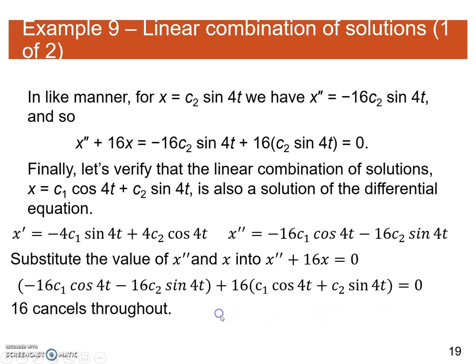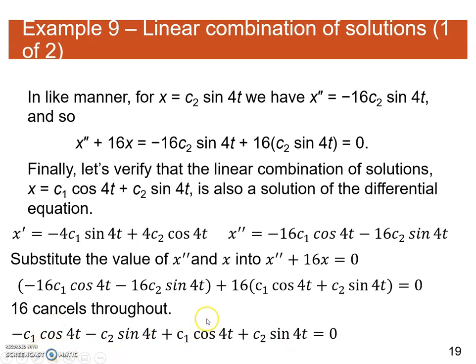You can cancel out the 16 to simplify, and you can see that this term cancels with this term, and minus c2 sin(4t) cancels with plus c2 sin(4t). So in the end it is 0 equals 0. QED, which is some Latin abbreviation. You can find what exactly it means in Latin, but it has the same meaning as hence proved. Since there was not enough space, I just used this abbreviation.